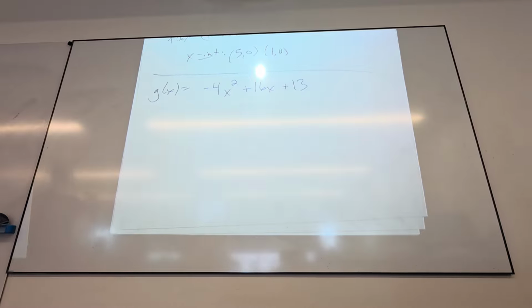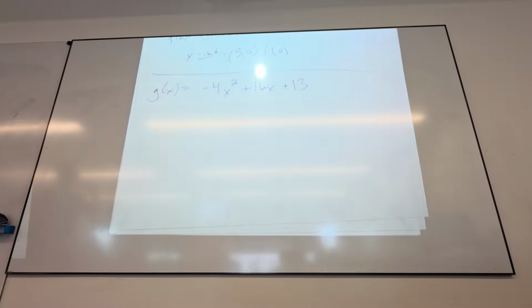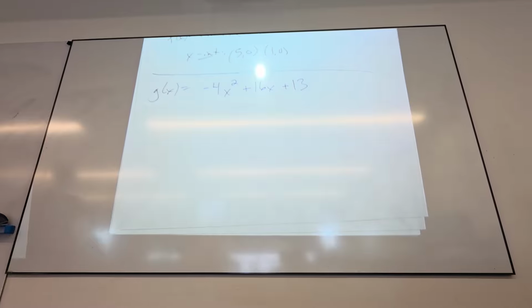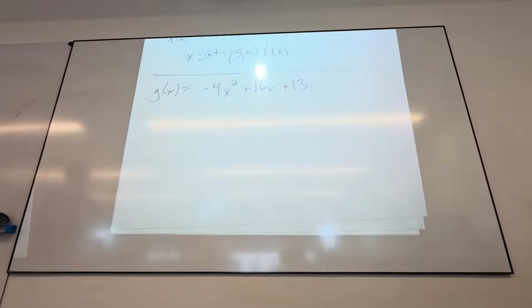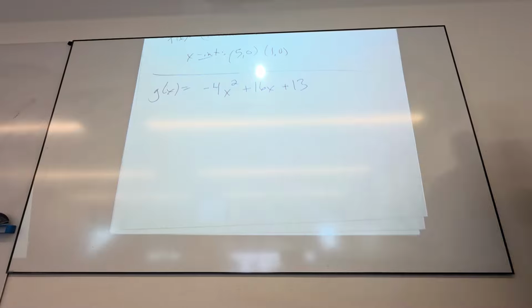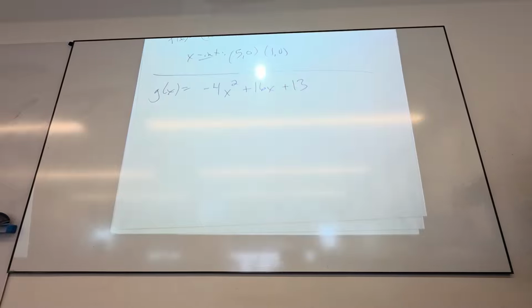So listen, the instructions would say, put this into vertex form. What that means is you have to complete the square. I am going to show you a shortcut, but not yet. So in general, if I say put it into vertex form, that means do completing the square. Let me do the first step.